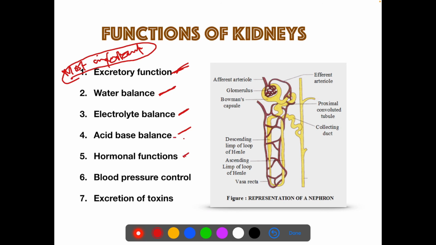Then there are various hormonal functions, which include renin, erythropoietin, and the active form of vitamin D. Then kidneys are important for blood pressure control also, mostly with the help of the renin-angiotensin-aldosterone system. Then kidneys will excrete many low molecular weight toxins which are not bound to proteins and are water soluble.